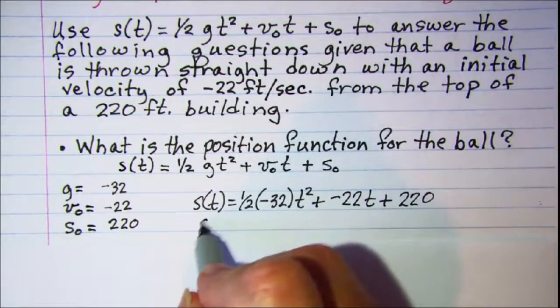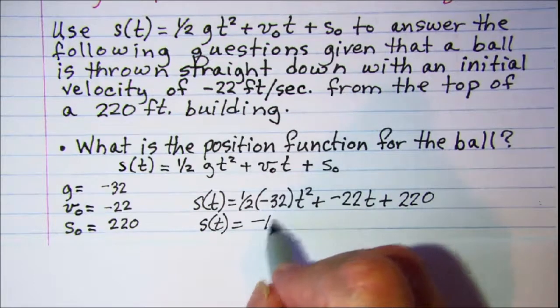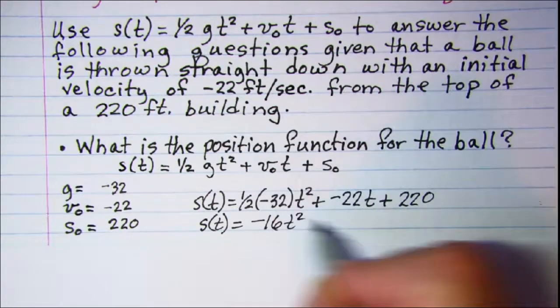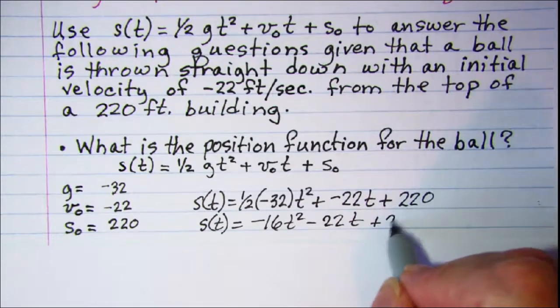So our position function, when we simplify, is a negative 16 t squared minus 22t plus 220.